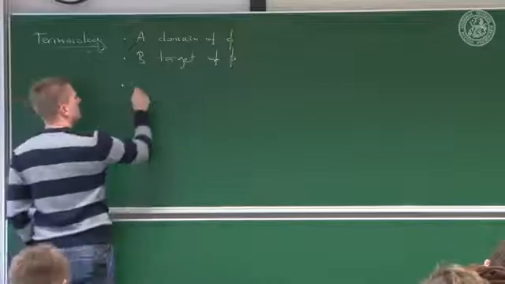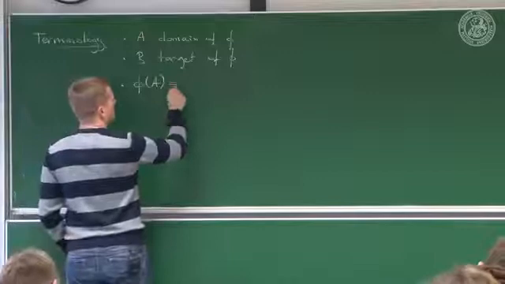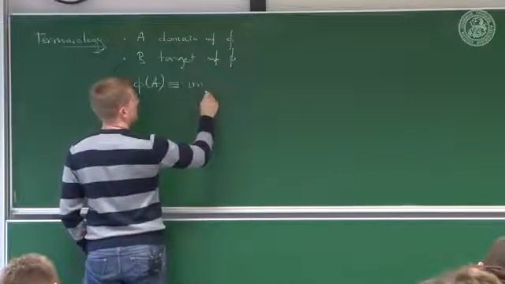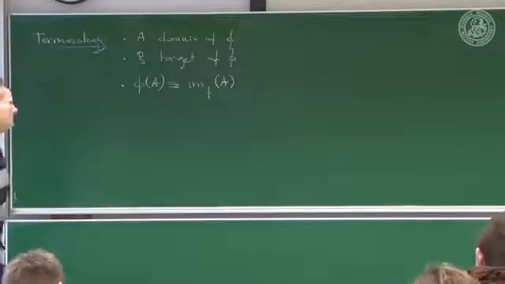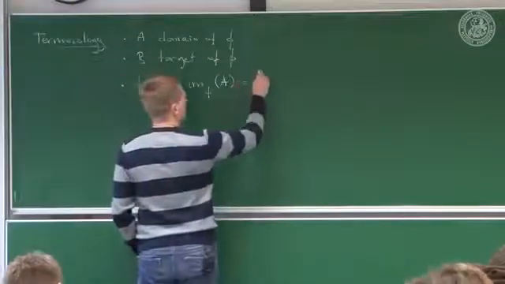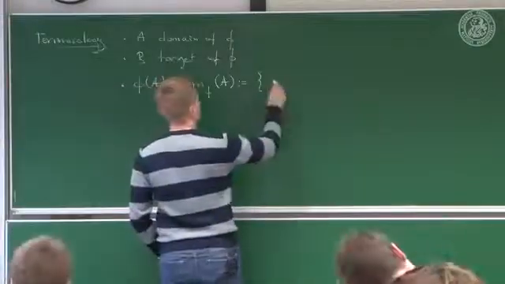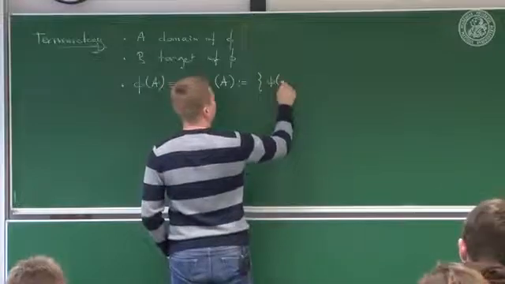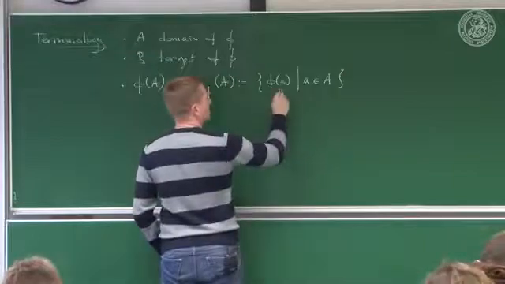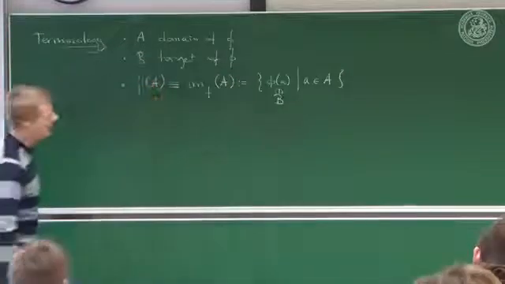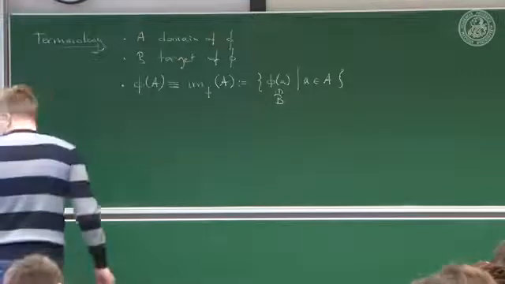Then there is an object that we write down as phi of A, or sometimes the image of the set A under the map phi, and it is nothing but the set defined by restricted comprehension: the set of all phi of a, where a comes from A. And of course we know that this must lie in B by definition, so it's really restricted comprehension. We can define it like this.